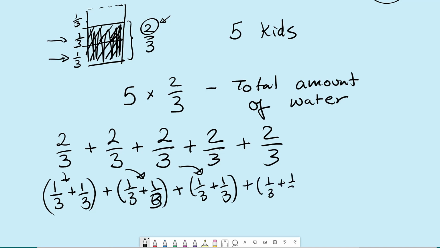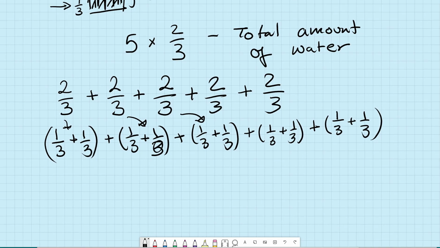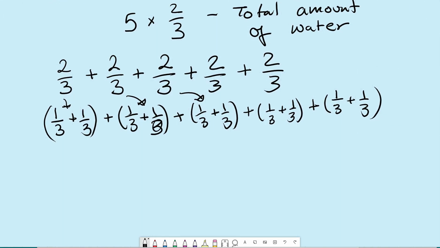Now we're getting to the fourth 2/3, and finally to the fifth 2/3. Now, if we look at how many thirds we have here all together, and we can open these parentheses because we have all the same operation. It's all sum, so we're allowed to open these parentheses.